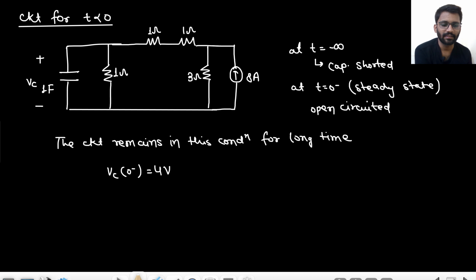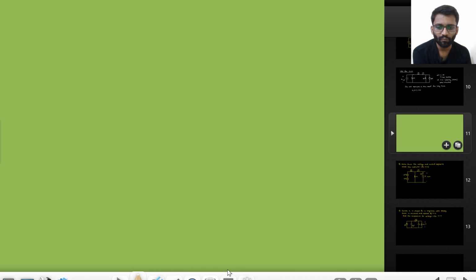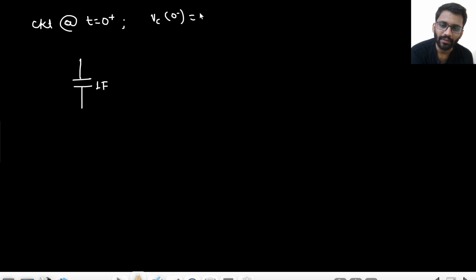Now what will happen at the circuit at t equals to 0 plus? So I can take the next page. So the circuit at t equals to 0 plus. What will happen? This 1 farad capacitor will be having 4 volt, right? VC 0 minus would be equal to VC 0 plus, that means 4 volt.